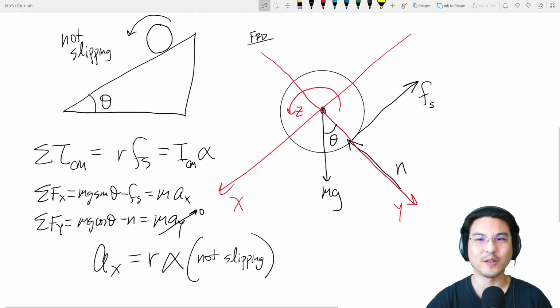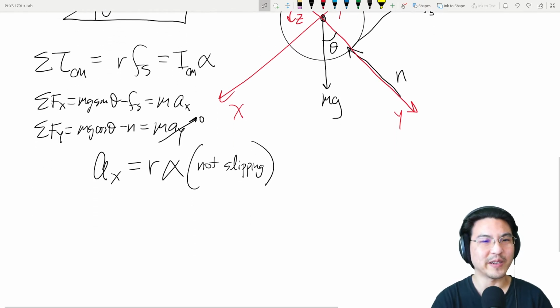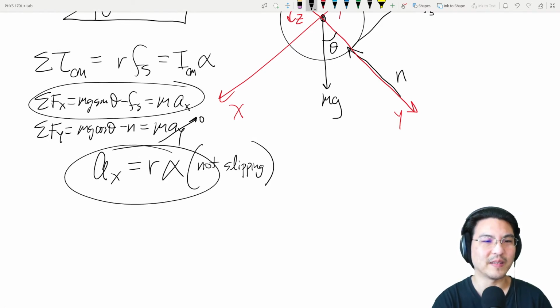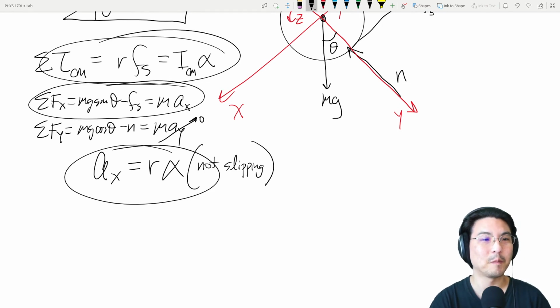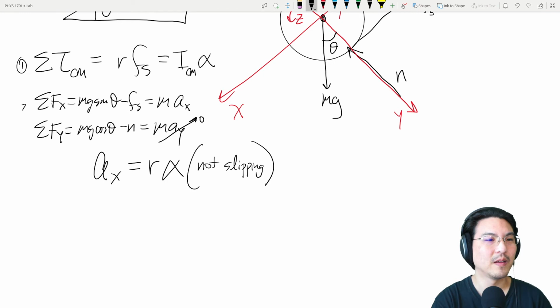Okay, so let's solve for, let's say, the acceleration. So I can combine this, and see acceleration right here. I'll combine these three. Let me label these.